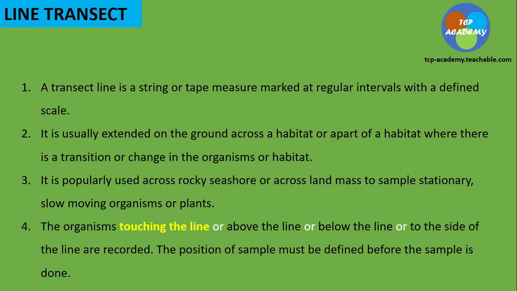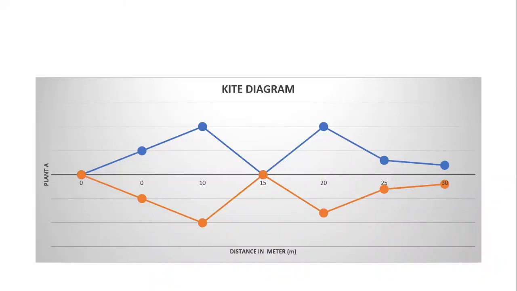That is very, very important. Are you going to read that which falls below the line, that which falls to one side of the line or two sides of the transect line, or touching the line, or those that are above the line? This is a decision that the person doing the sampling must make and define in the research.